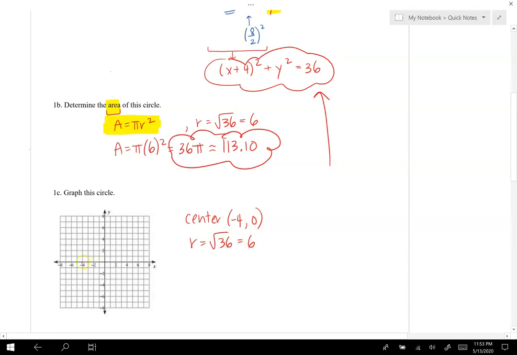So -4, 0, and then counting 6 up, 1, 2, 3, 4, 5, 6, 6 to the right, 6 down, and 6 to the left. Oh, ran out of space on the graph paper, but we'll need those 4 points. All right? Awesome. And if you need to see that again, please rewatch it.